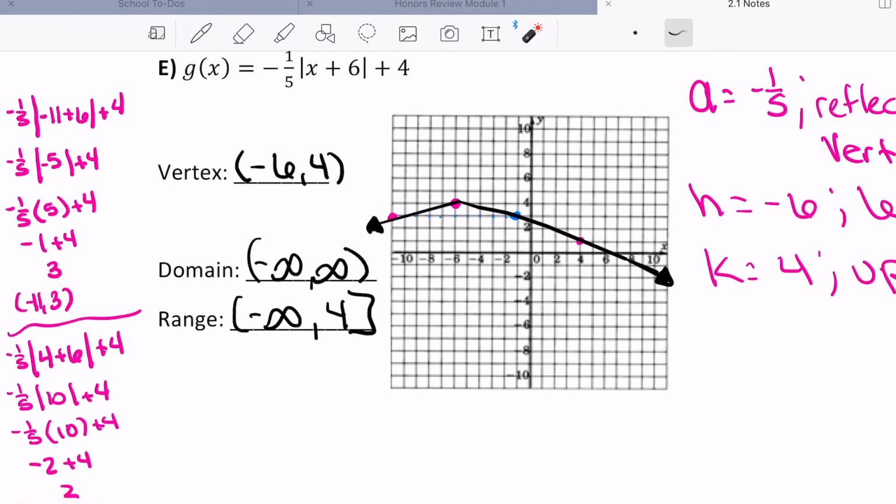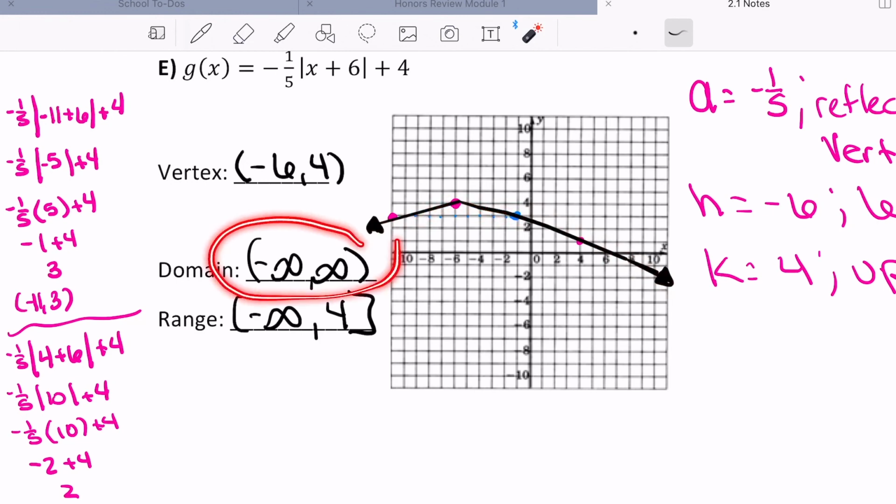Now, in this case, the only one I could reflect was my (-11, 3) to the opposite end. (4, 2) I could not reflect because it would be off of the graph, but you can see it pretty much lines up. And again, my graph covers the entire coordinate plane here. It's not just a little segment, it's the entire coordinate plane.